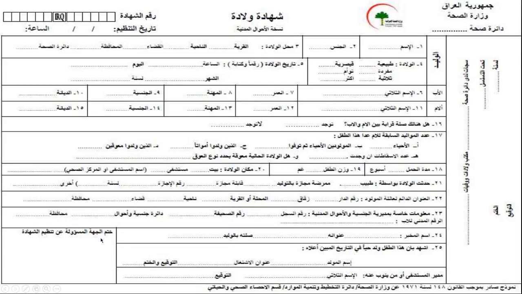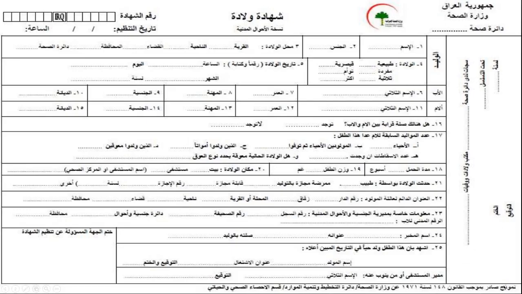This is ختم الجهة المسؤولة عن تنظيم الشهادة. This is basically where you stamp. I think that this is where the hospital stamp is placed. They put it right here, but in translation you translate this to stamp of certificate organizers, okay, or organizer, because it's only one person.